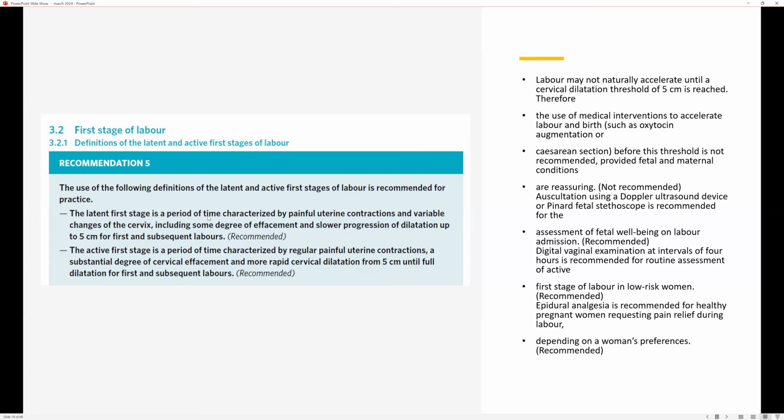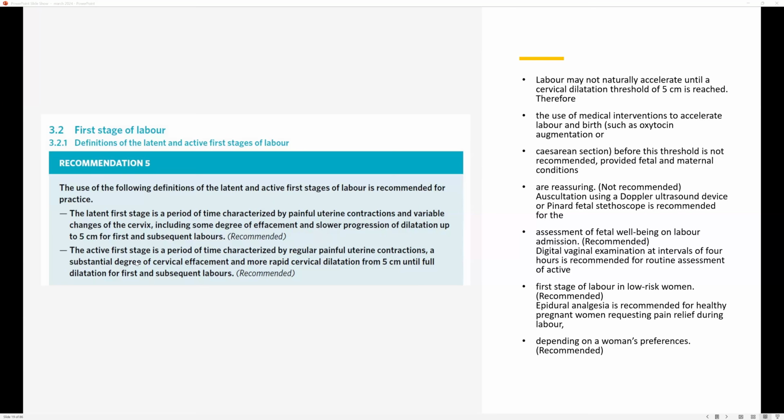Because the WHO labor care guide is important for the MRCOG mainly in part 3. Rarely you will have questions in part 2 about the labor care guide, but in the MRCOG part 2 written or OSCE, they can ask you from the WHO labor care guide. So what is the recommendation?